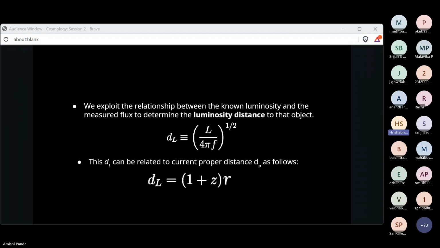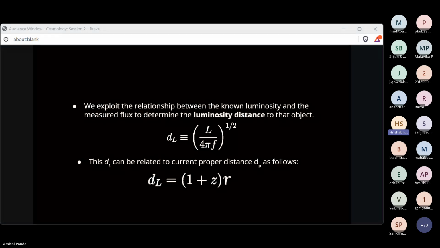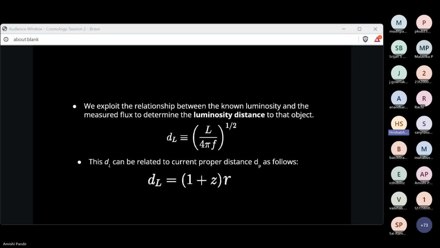But there's a small problem when we do that in cosmology. The small problem arises because the universe is expanding, so that distance will not remain constant with time. We need to somehow find a way to relate the luminosity distance to r, because r is something that remains constant, like the coordinate distance, as the universe expands.